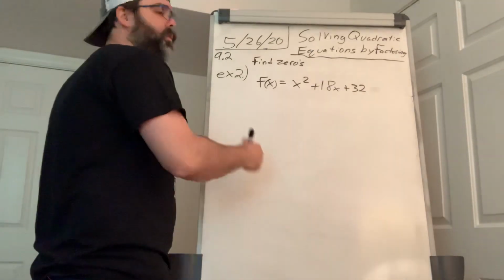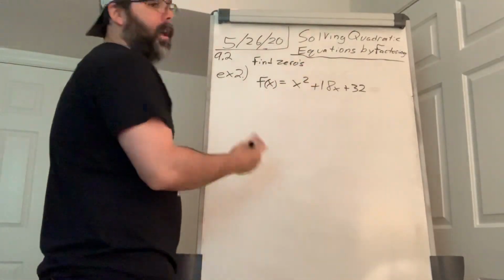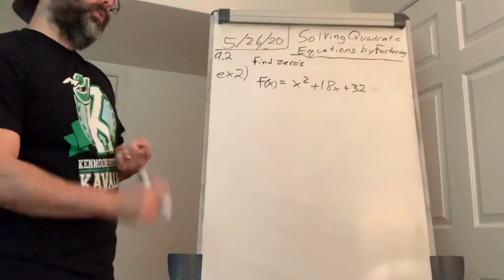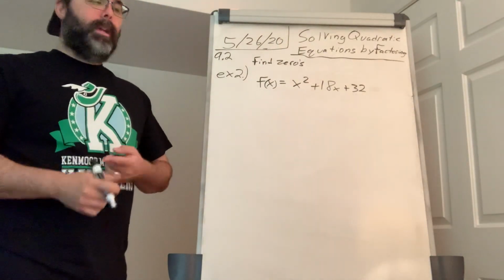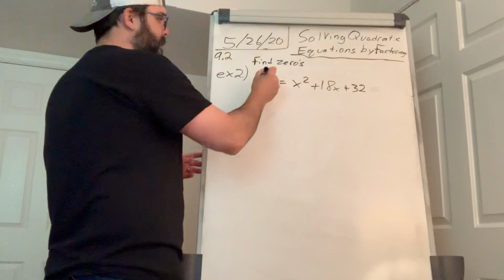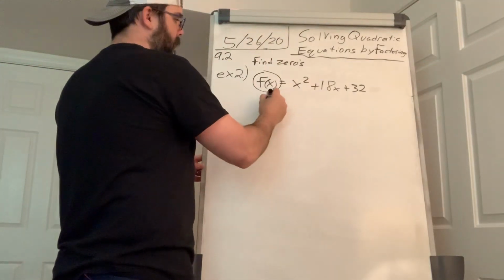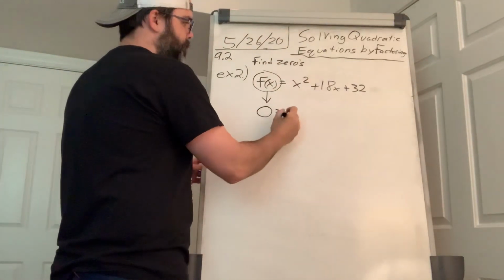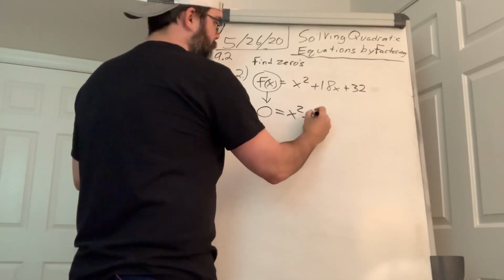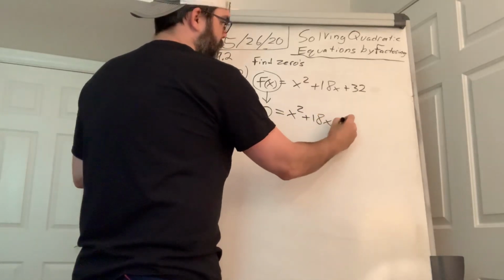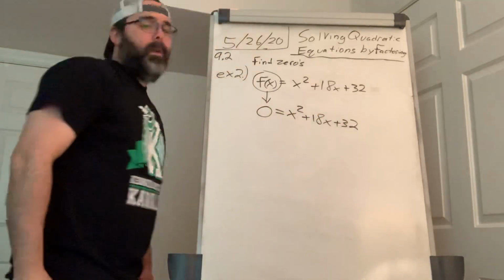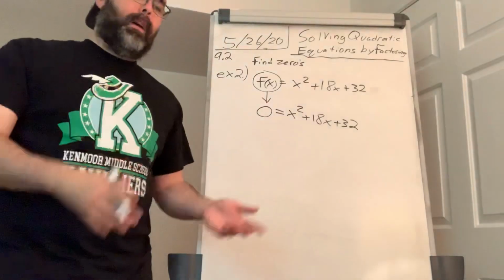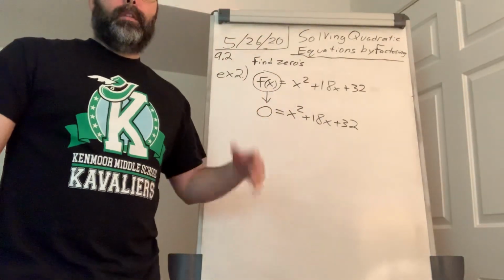So when it says find the zeros, it means find the solutions. So the first thing we want to do is set the equation equal to 0, which means take this and make it 0. Okay, the last problem we didn't have to do that. It was already 0, so we're good.